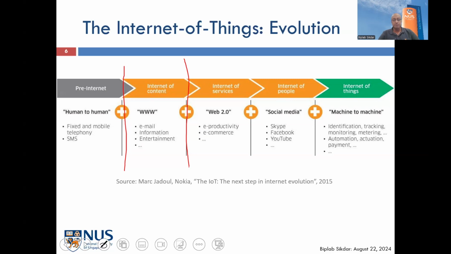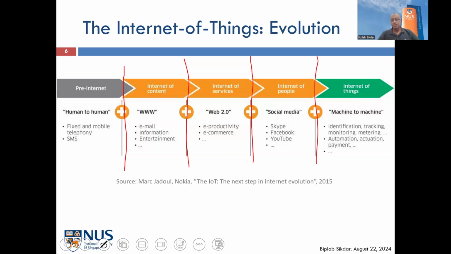Reading the news, reading email, maybe some entertainment. Towards the late 90s, people figured out we can actually make money out of the internet. So e-commerce companies like eBay and Amazon all came up in the late 90s. And governments also started realizing that we can provide services over the internet.